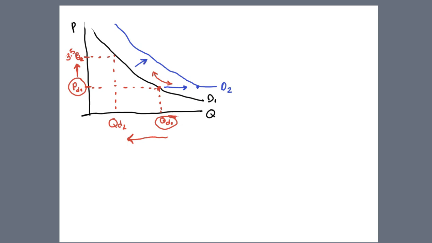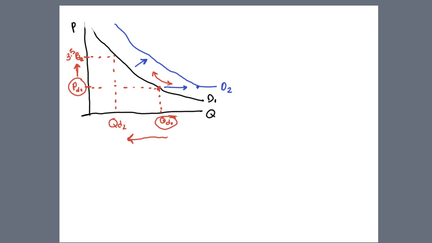Something has changed that has caused you to demand more. So that is the gist of the difference between a movement along the demand curve and a shift of the demand curve. We can see all the factors that shift demand by looking on page 77, that table that I went over in class.